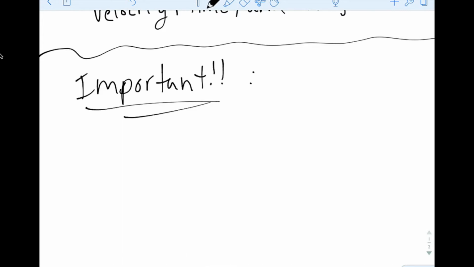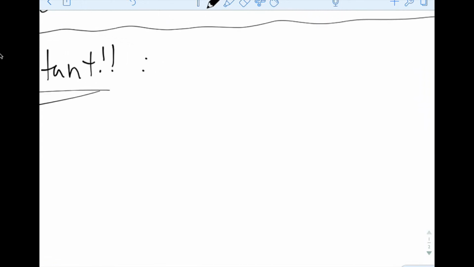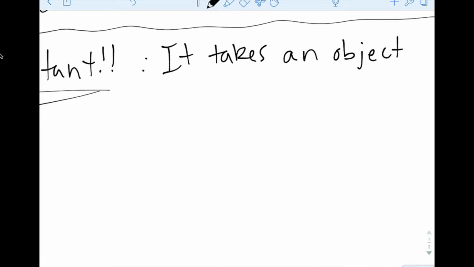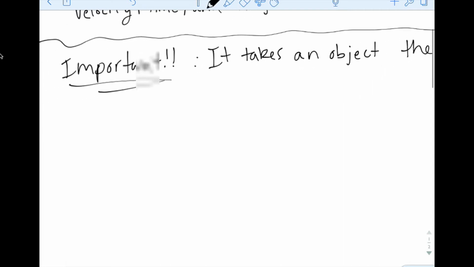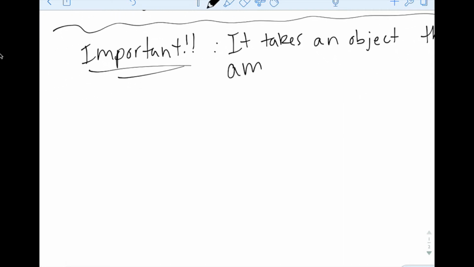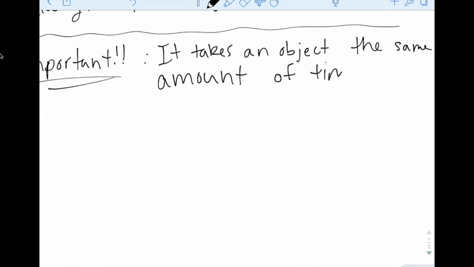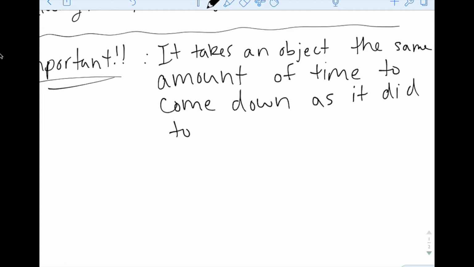All right, so the important note is that it takes an object the same amount of time to come down as it did to go up.